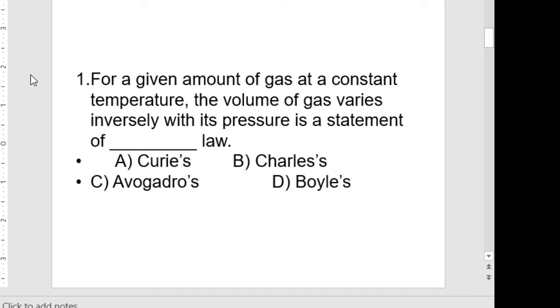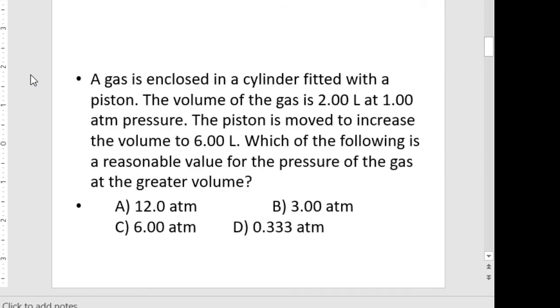And so when I see constant temperature, that means I don't even have to worry about temperature. The volume of the gas varies inversely with its pressure. So really all I care about, so notice it said given amount, that means the amount of gas, the moles, doesn't change. So the only thing changing here is volume and pressure. So pressure and volume, that was Boyle's law.